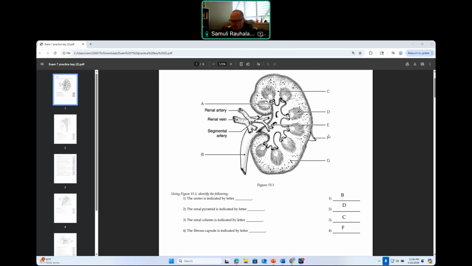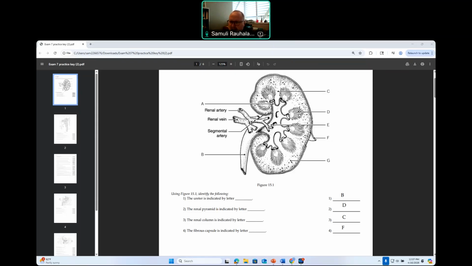As you recall, the kidney had both cortex, the outer region, as well as the medulla, the middle region. And within the medulla, we saw these triangular structures, often of a darker tissue. They are what we call renal pyramids.